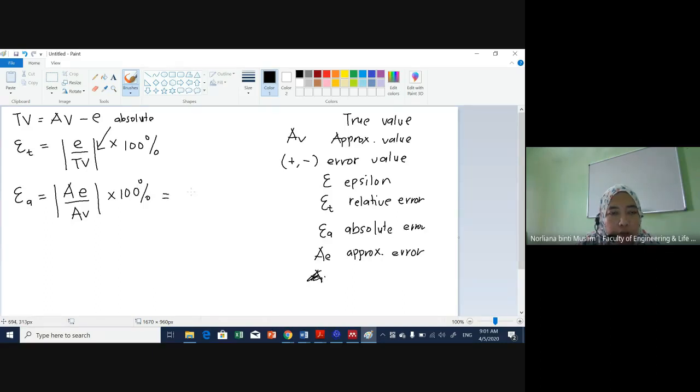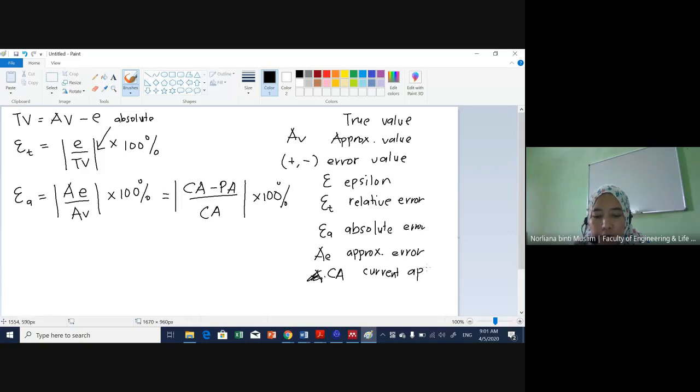The second formula for evaluating the absolute error is based on this formula. CA is called current approximation value, and PA means previous approximation value.